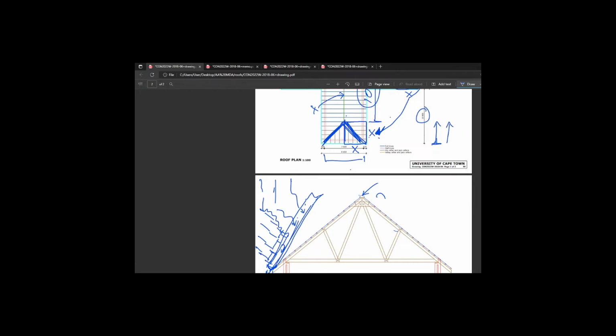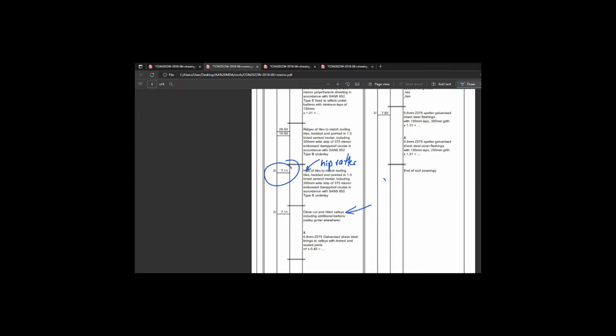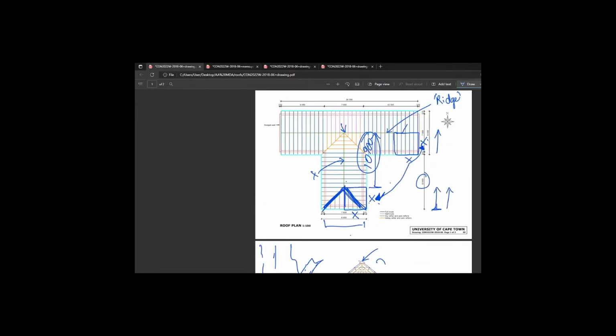Okay? In our case, let's just take a look. So it bounces in that valley, which happens to be right over here. Any water that lands there, or here, or here, is most likely running down the tiles, bouncing, and running into this gutter, into the corner angle, gutter angle.